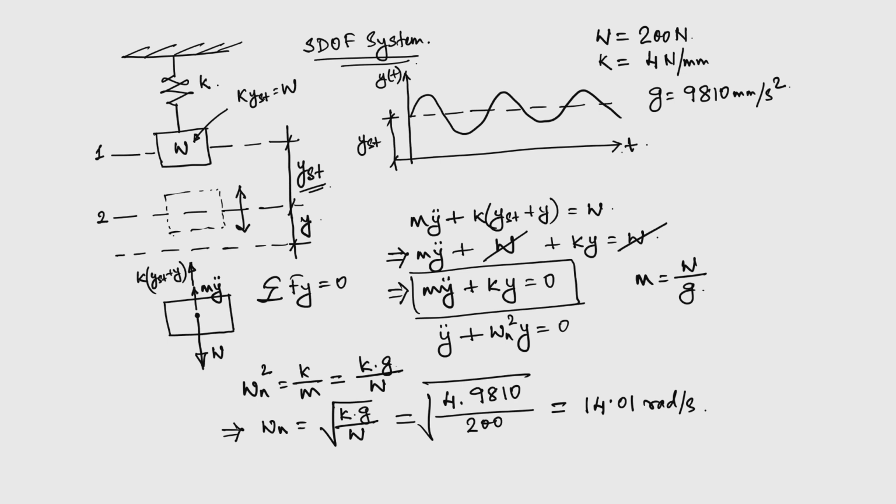So, what do we get? Our equation of motion in this case is m y double dot plus k y equal to 0, omega n square is equal to k by m, and then the nature of the solution.